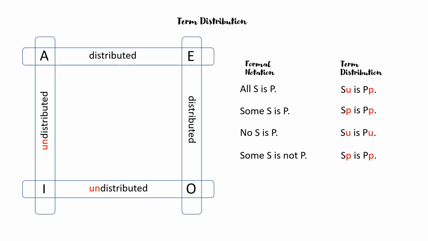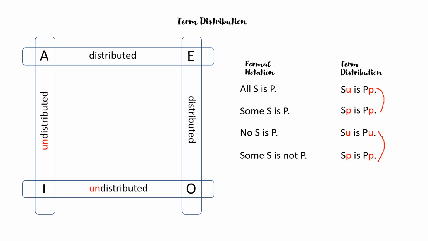I'd like you to focus on this portion of the monitor, and you'll see the outcome of what I've been talking about. The affirmative propositions get particular or undistributed predicate terms, while the negative propositions all get universal predicate terms.